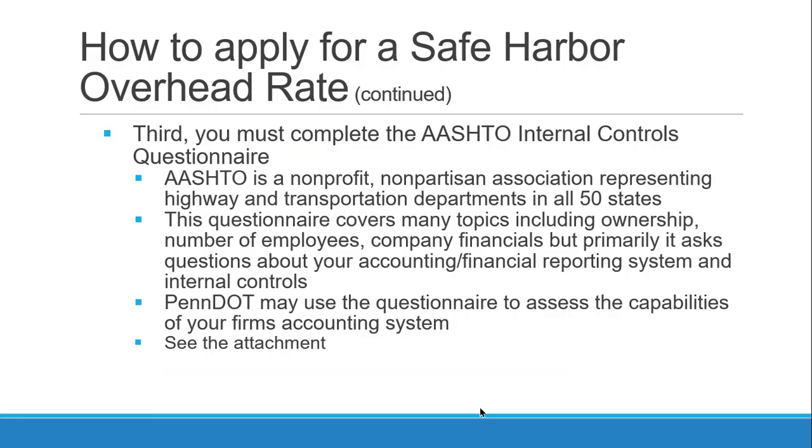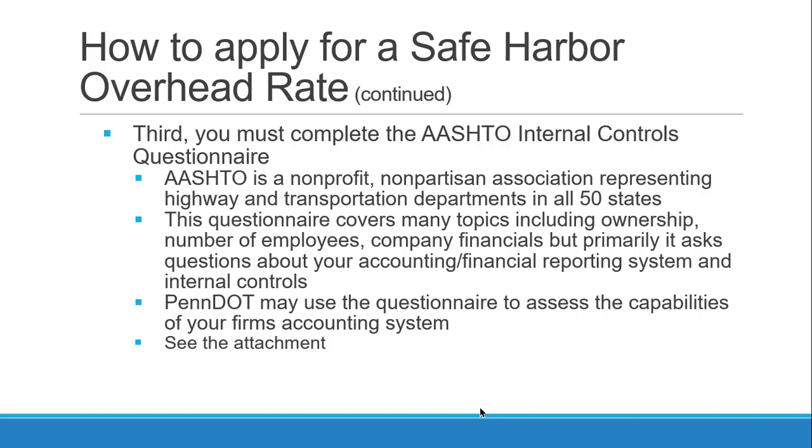The third item you must complete is something called the AASHTO Internal Controls Questionnaire. As a bit of background, AASHTO is a nonprofit, nonpartisan association representing highway and transportation departments in all 50 states.